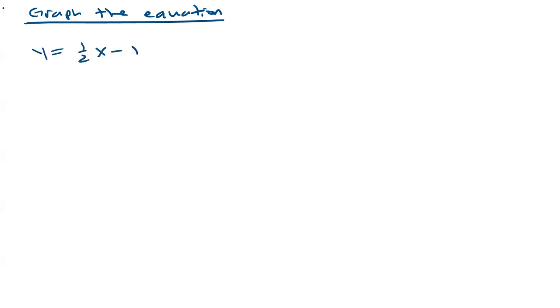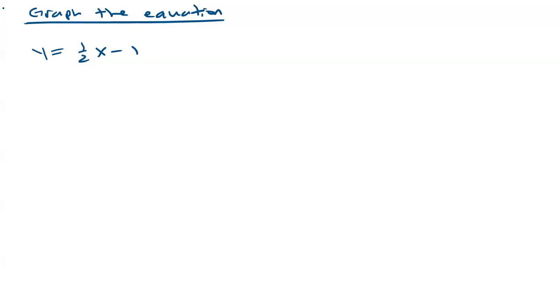Okay, so in this one, what they want us to do is graph the equation. Okay, so let's say we have y is equal to 1/2 x minus 1. Now we can choose either a horizontal table or a vertical table.